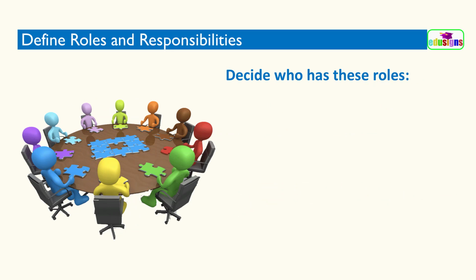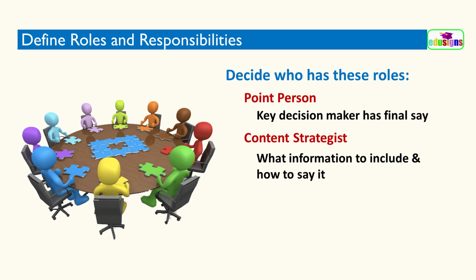Finally, to ensure a successful project, decide who has the following roles. Point person. The point person is the key decision maker and has the final say on all decisions. Content strategist. The content strategist determines what information to include and how to best say it.